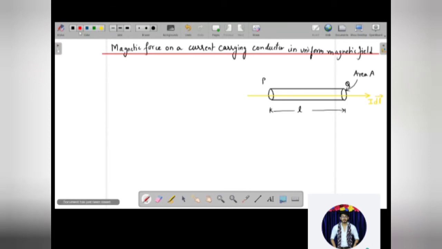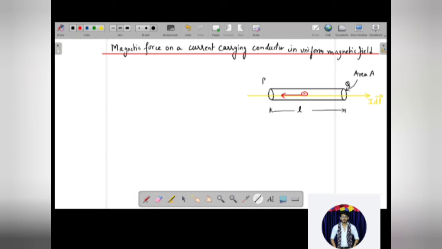Now supposing I have an electron inside this conductor. Let me mark an electron, a negative charge. Since the current is flowing this side, it's quite obvious that the electron is going to travel the opposite side. Since the current is going from P to Q, the electron is going to travel from Q to P, because we know that current direction is taken opposite to the flow of electron.